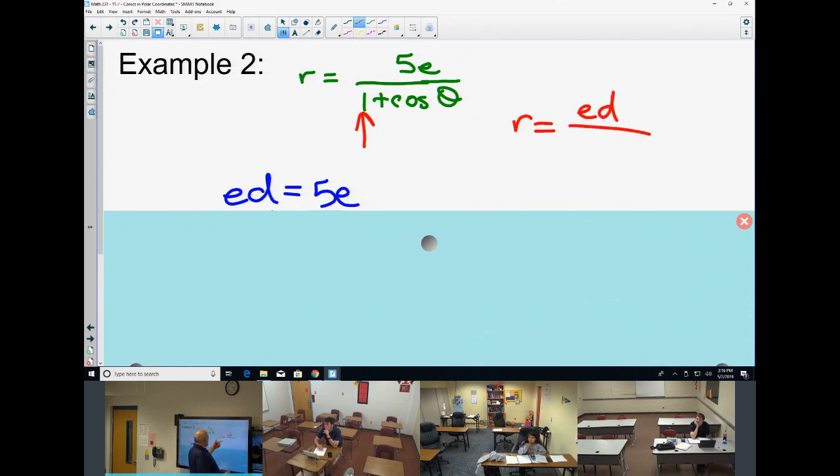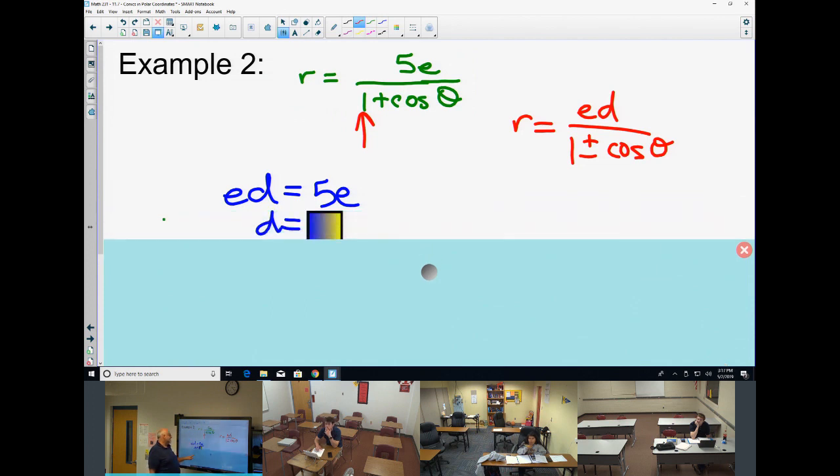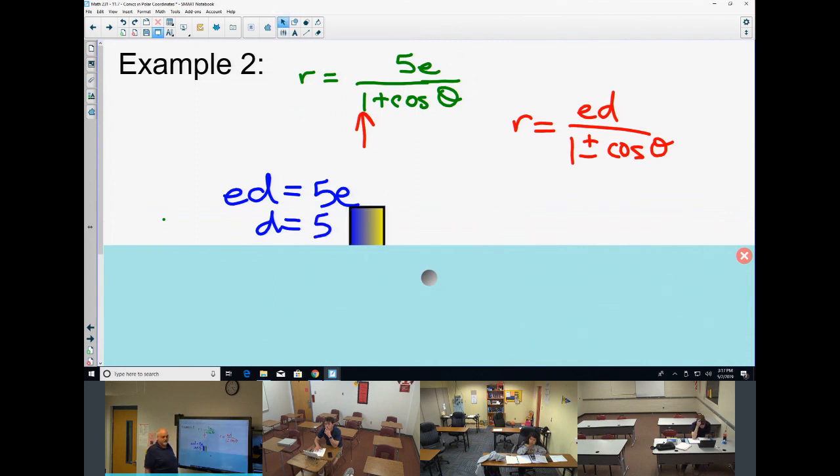And so I always say ed is in the numerator, and then we have 1 plus or minus, and then it's sine or cosine. Let's just say cosine theta. So e times d is in the numerator. So if ed is equal to this numerator, 5e, well, if we just cancel e, then we get d is equal to 5.